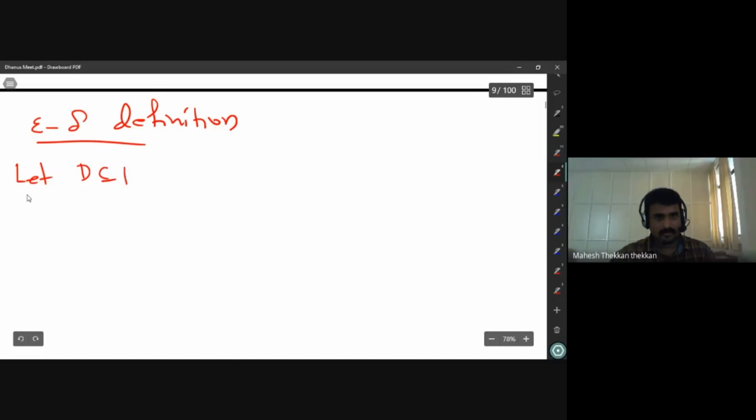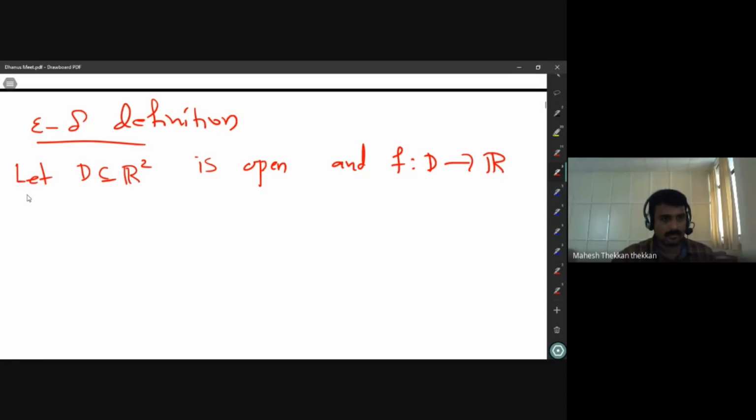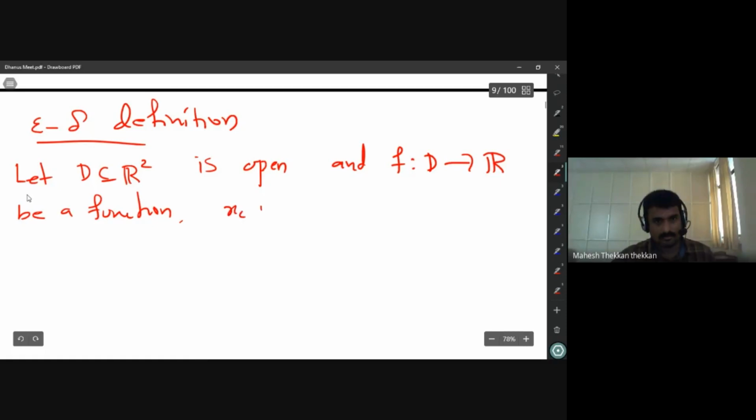Let D, a subset of R2, be an open subset, and f from D to R a function, and let (x naught, y naught) be an element in D. Okay.